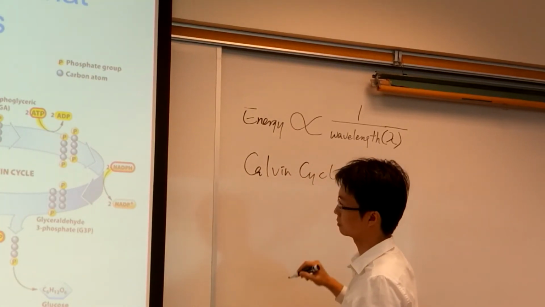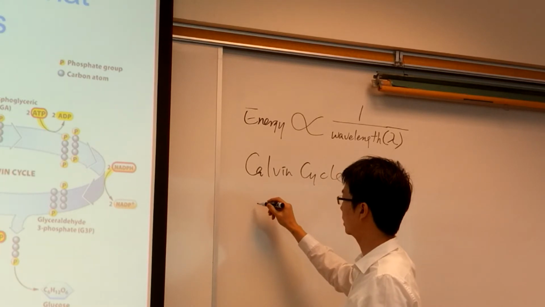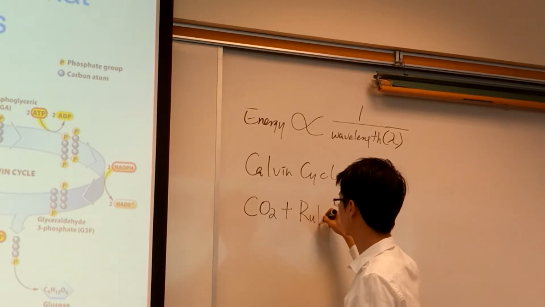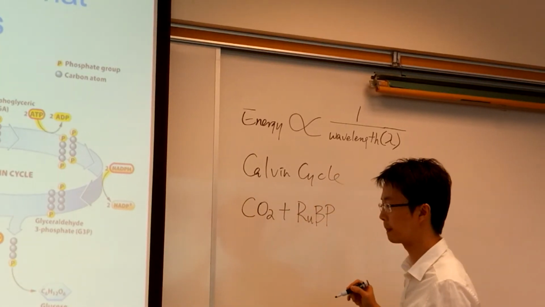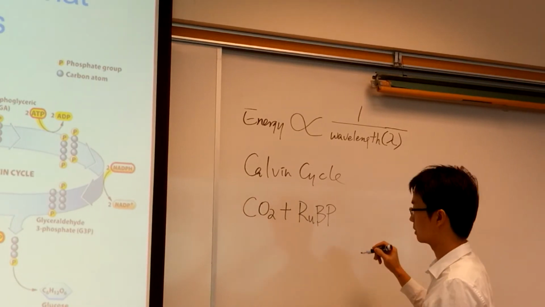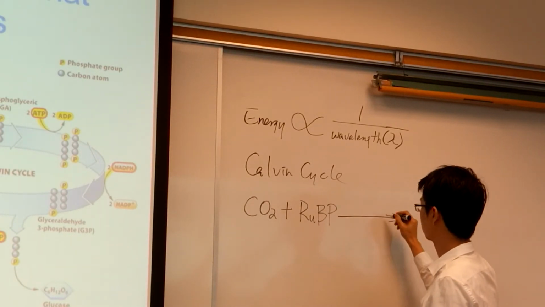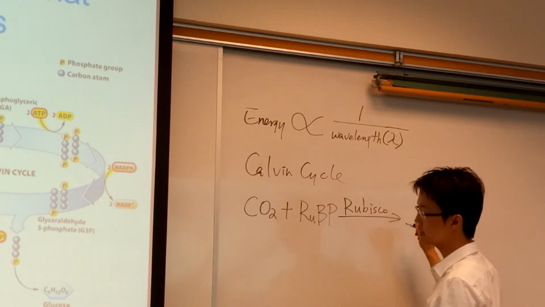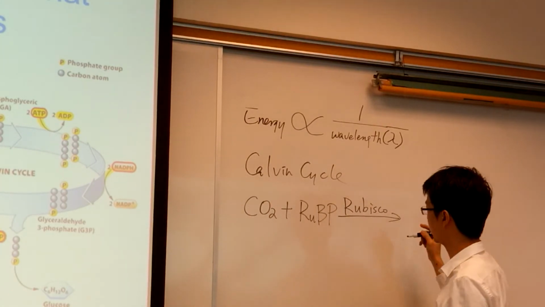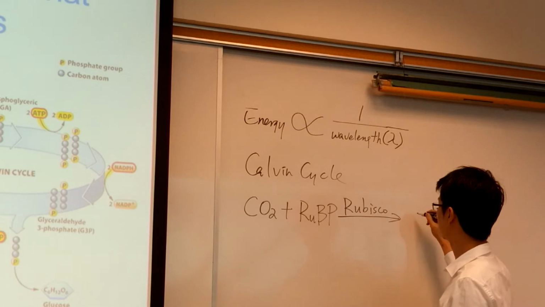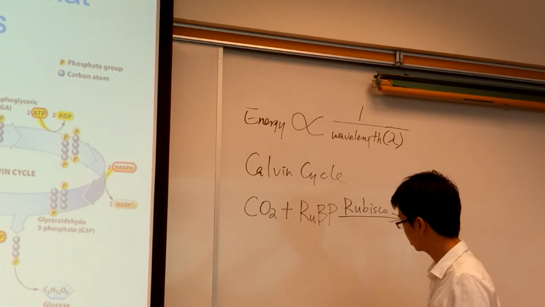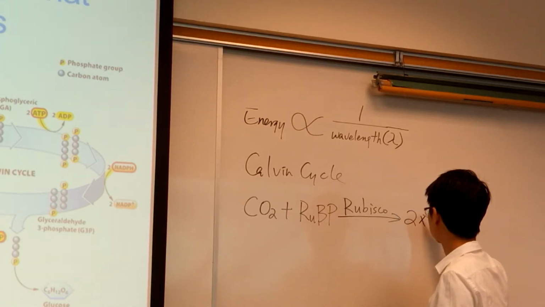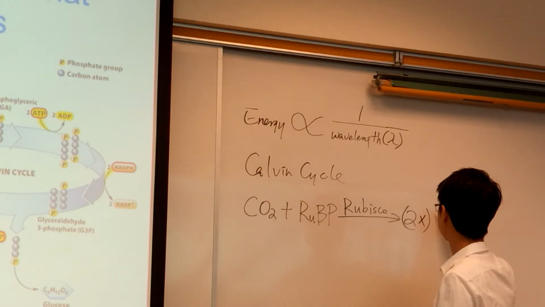Calvin cycle. You start with the input, CO2 plus RuBP. And then you have Rubisco as an enzyme to speed up the reaction to make 2 times the PGA.